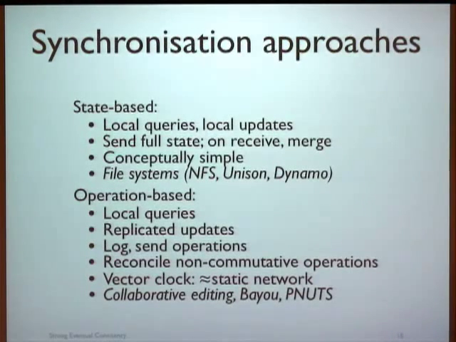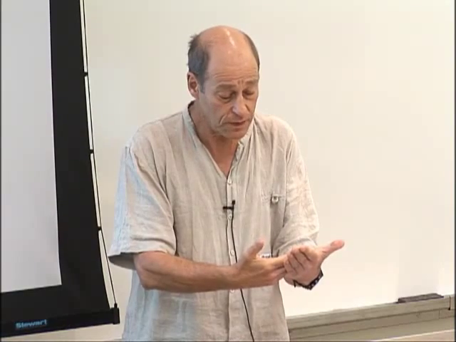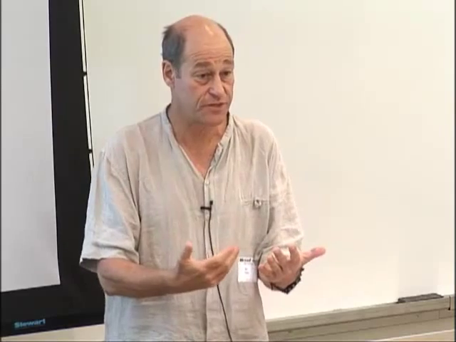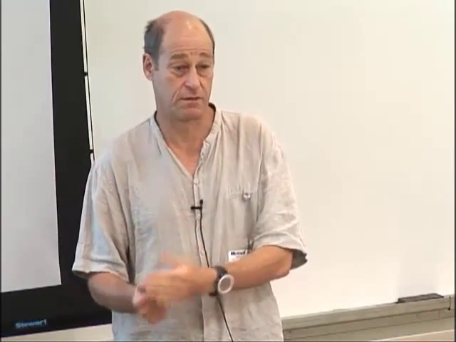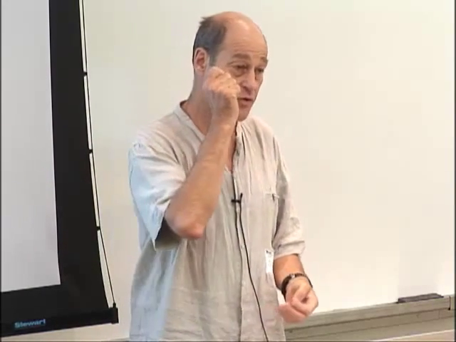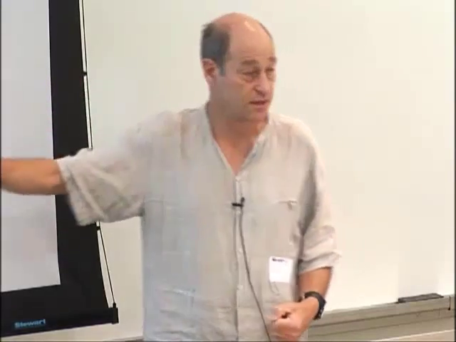State-based means that the specification of my data type is going to specify what's in the state of a particular replica, and in order to synchronize, I'm going to send the state from one replica to another replica, and somehow they're going to do their thing together based on the state, right? And operation-based says that whenever you do an update, that's an operation, and you send that operation to all the replicas.